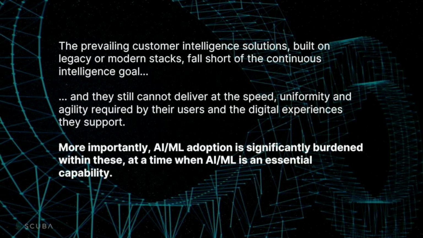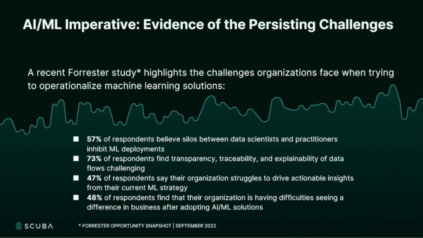So they're falling short on that. And the users themselves, the users of these tools, who have to provide for the product owners and the business in a faster way, are also not satisfied with this approach of organizing the data processing. And more importantly, which is really the main point here, is that ML adoption is affected. It is burdened by all this orchestration and this sequencing of pipelines in a way that is making collaboration difficult as well.